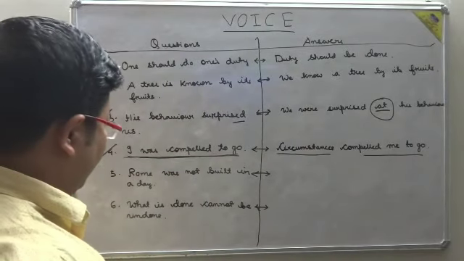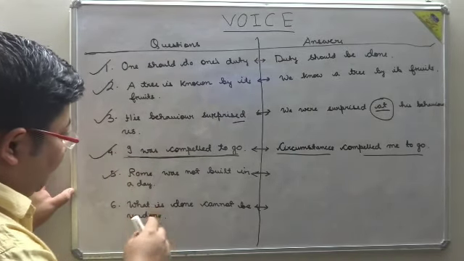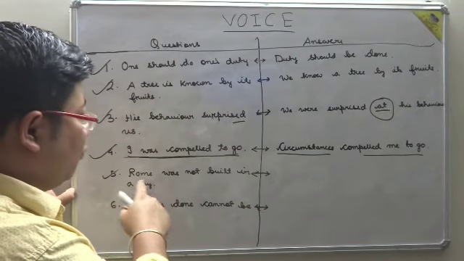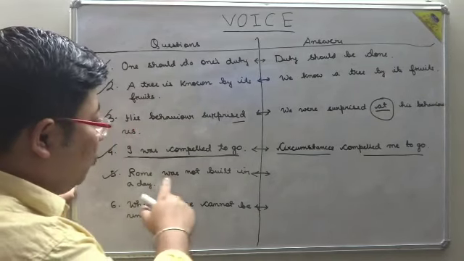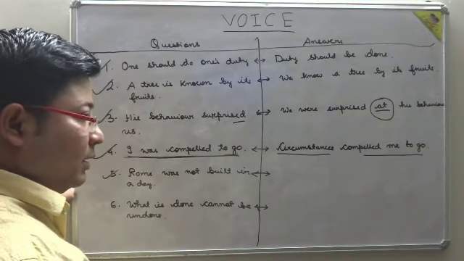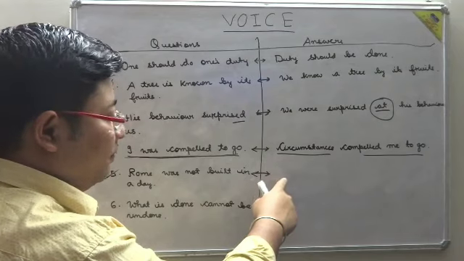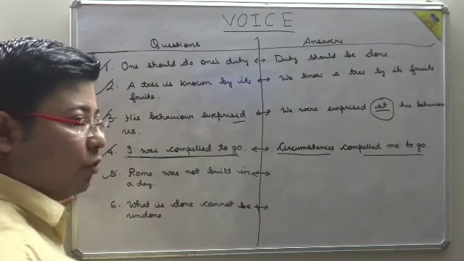Fifth one, you see, Rome was not built in a day. Who built that Rome? I'll write the subject as Romans. The people who stay in Rome are known as Romans.